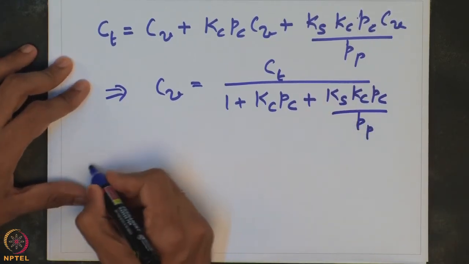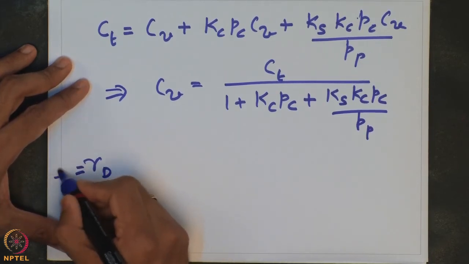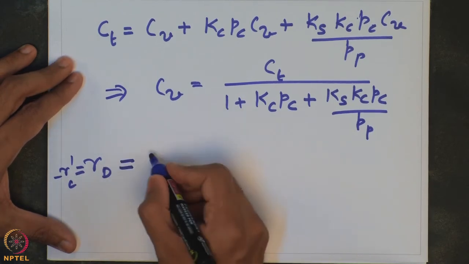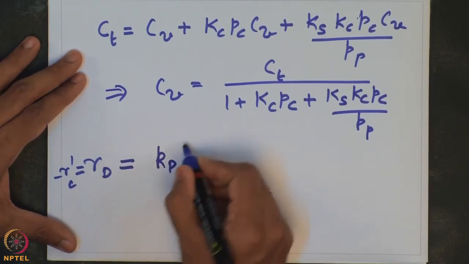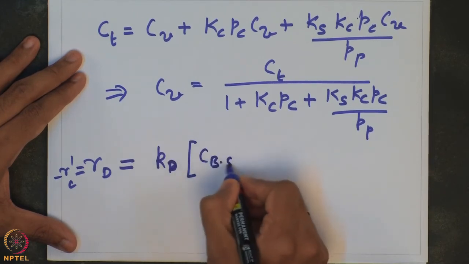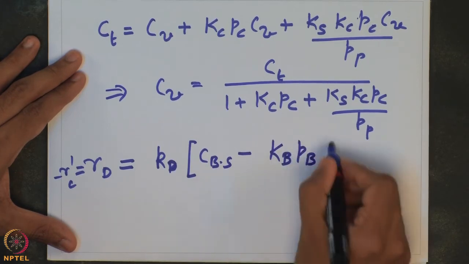Now we can substitute this in the rate of desorption, which is equal to the rate at which the overall reaction happens, and that should be equal to Kd multiplied by Cbs minus Kb Pb into Cv.